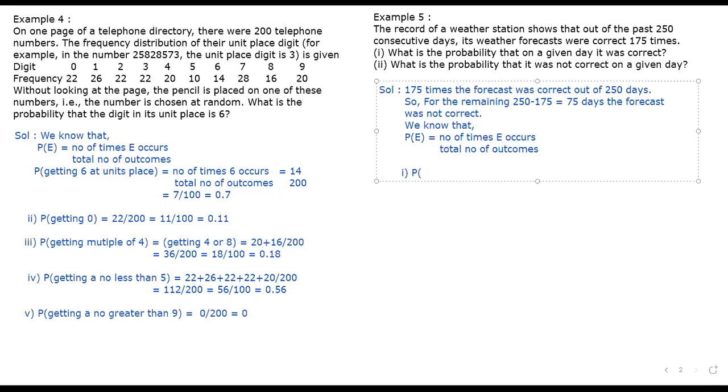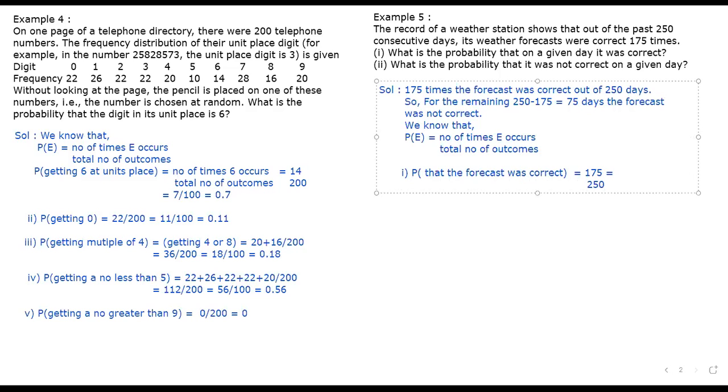Number 1, probability that the forecast was correct is equal to what, children? 175 upon 250. 175 upon 250.